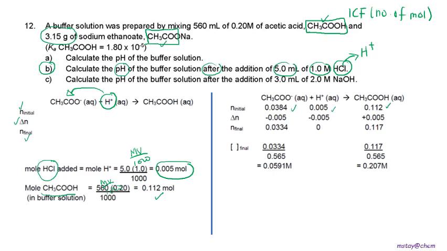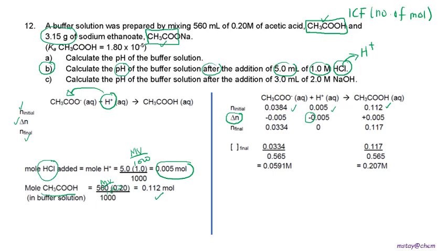So for the change, you have to remember that HCl is added, so this is considered a substance that is going to react. All the number of mole of HCl will be completely reacted, so it will minus 0.005.